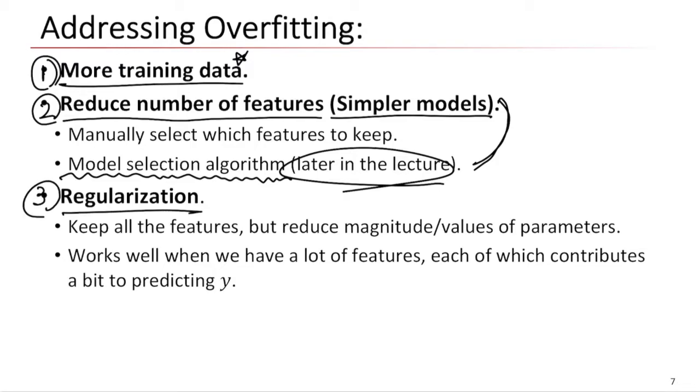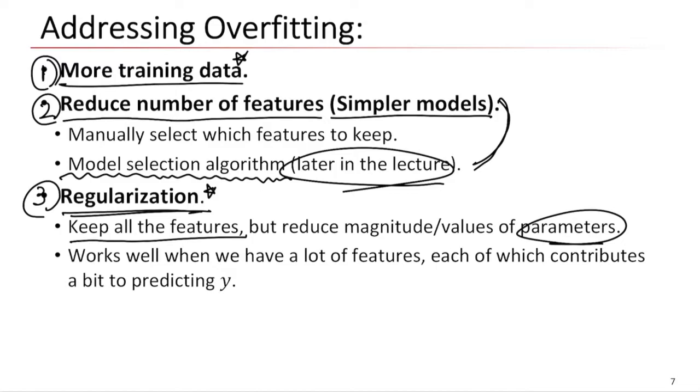Another possible way is to use regularization. So regularization is the topic of today's lecture. So what is regularization? Simply, we want to keep all features, but we want to reduce the magnitude or values of the parameters.